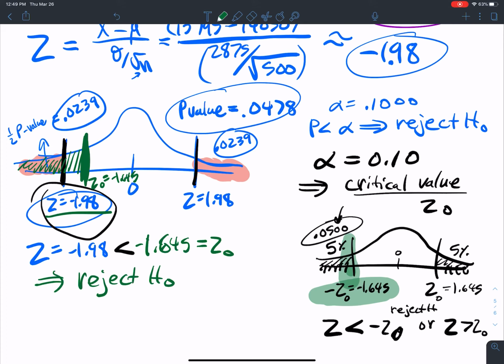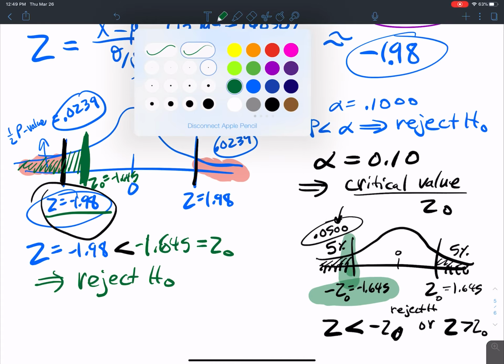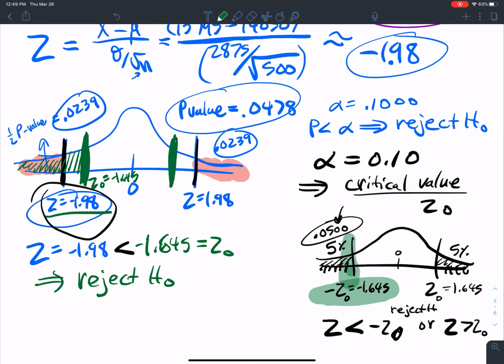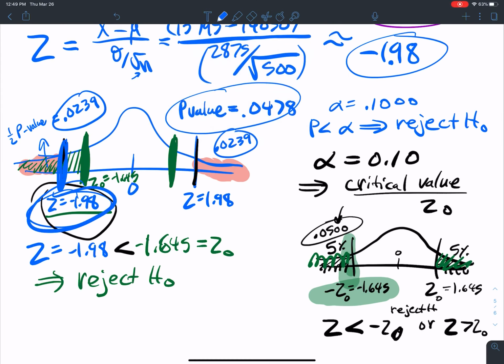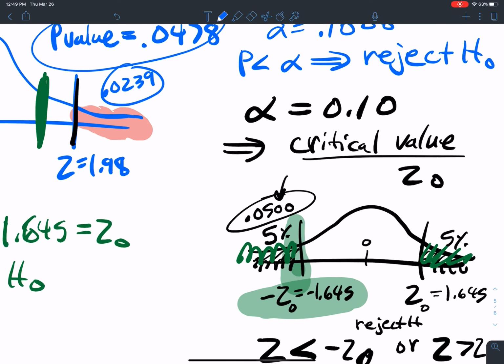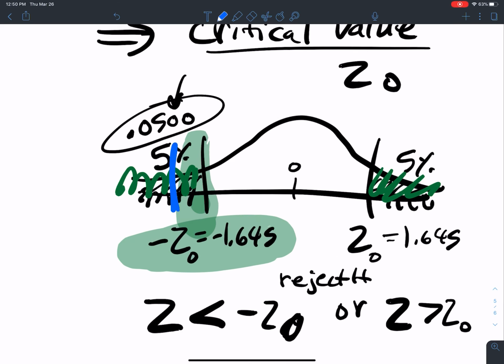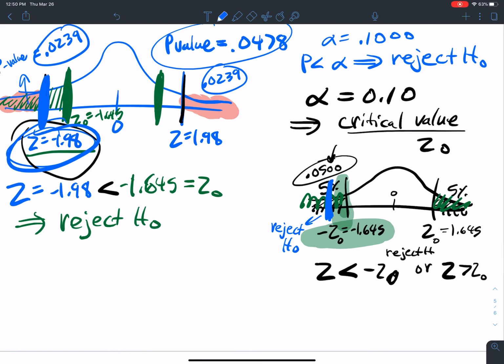So my critical region would be reject anything that falls in this region or this region. It turns out that our test statistic fell somewhere right in here. So that's the rejection region. That's why we reject the H naught.